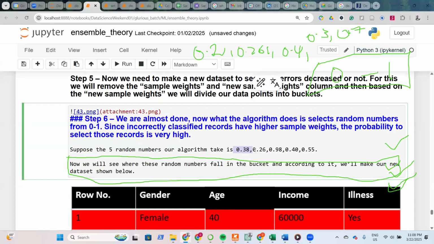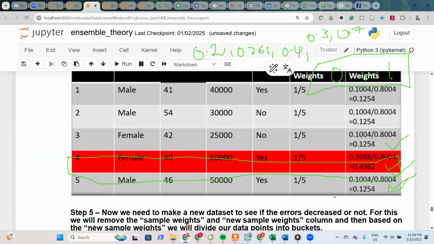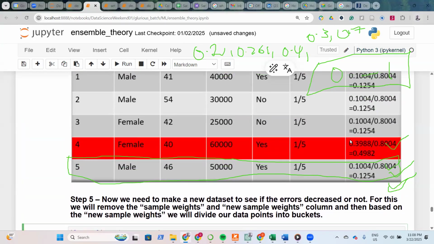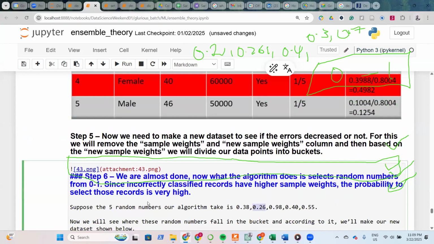The next number, 0.26, falls in which bucket? It should be in the third bucket, right? So you see my next record will be from the third bucket.